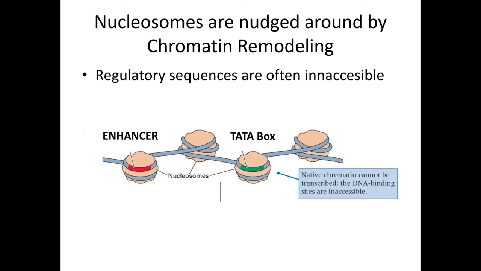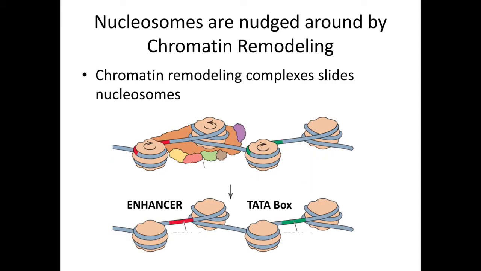So the way that this is accommodated is, in fact, the nucleosomes are nudged around by something called chromatin remodeling. Here we have these chromatin remodeling complexes, and what they do, you can kind of imagine, is sort of spool out the DNA. Here the enhancer and the TATA box are embedded, but a chromatin remodeling complex spins out the nucleosomes.